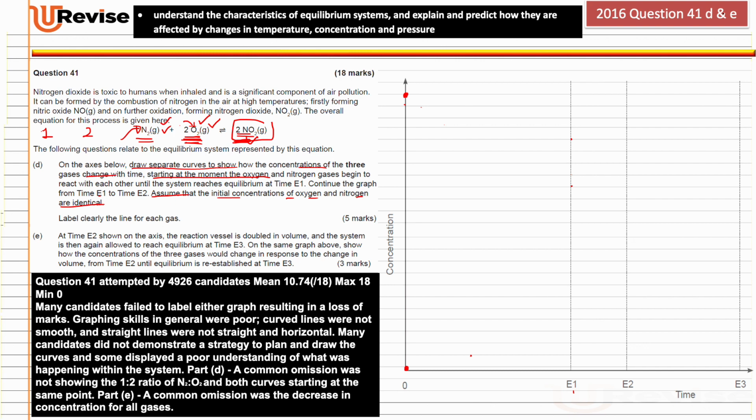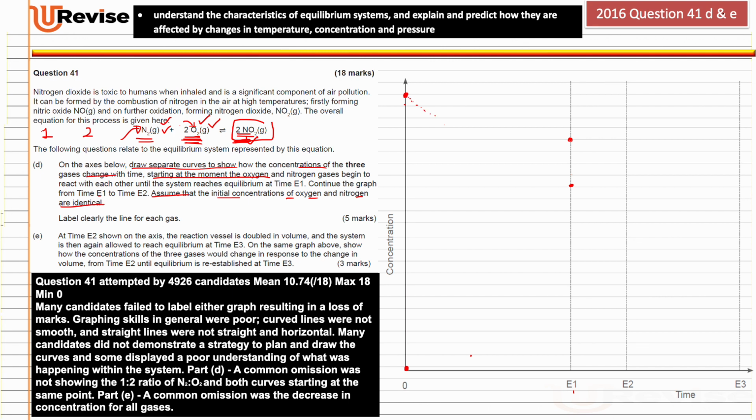So I'm going to pick a couple of points to say, okay, since oxygen is going to drop more in concentration, it will drop up to this point when it gets to time E1, and nitrogen drops up to that point. So between these points, this is my strategy.